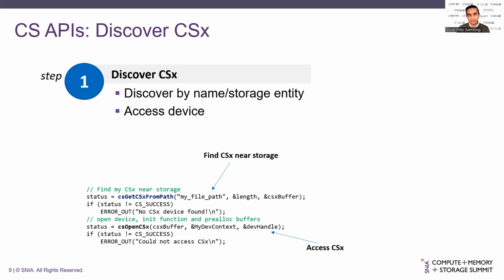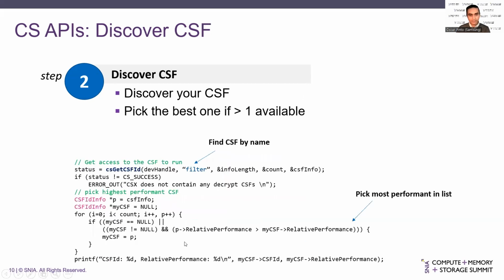We are talking about computational storage devices, and the API will take care of all the compute that is available for that storage path and present you with the compute devices. Once you have a list of compute devices, in our case it'll just be one, you would get access to the right one, and the outcome of that would be a device handle. For that, you would use open CSX.